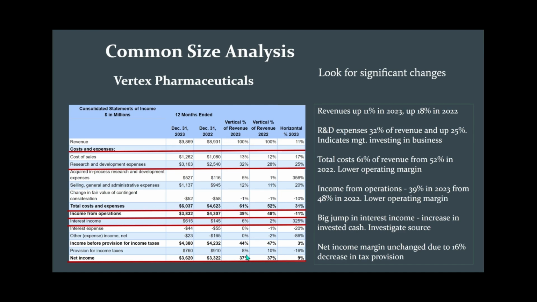The company had a decrease in its tax provisions for 2023, where it moved from $910 million in 2022 to $760 million in 2023. And also the jump in the interest income, that would also add to the bottom line.